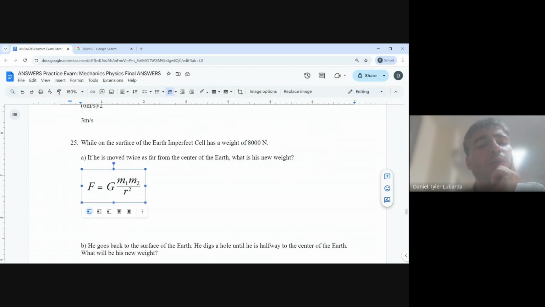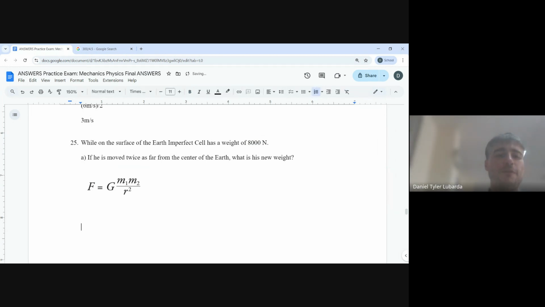And we know that the force of gravity scales with 1 over R squared. So our force is going to be equal to 1 over, and our distance we said twice as far, so it's going to be 2 squared. And obviously that's equal to 1 over 4.